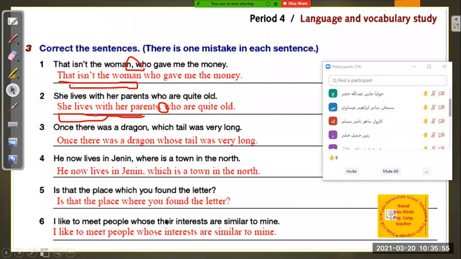We cross out their because we use whose instead of their. Understand the point here. We use whose instead of the pronoun, so their must be deleted. We can't say in the first sentence who she, in the second who they, in the third who's it, or in the fourth where it. We delete the pronoun and use who, which, where, or whose. So we need to cross out the pronoun.